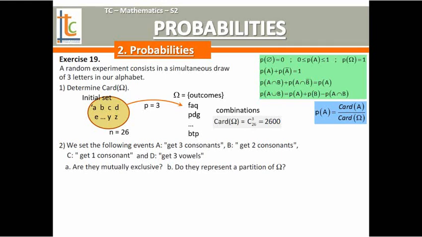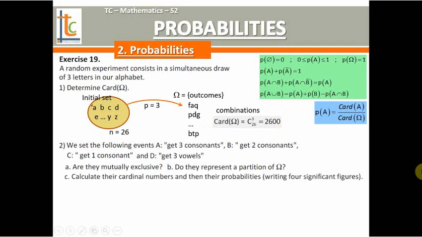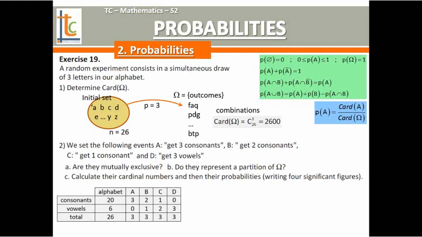We've seen it at the end of the second video on combinatorics, but we are able to calculate the cardinal numbers of A, B, C, and D using combinations, and not only calculate the cardinal of omega. So calculate the cardinal numbers and then their probabilities.